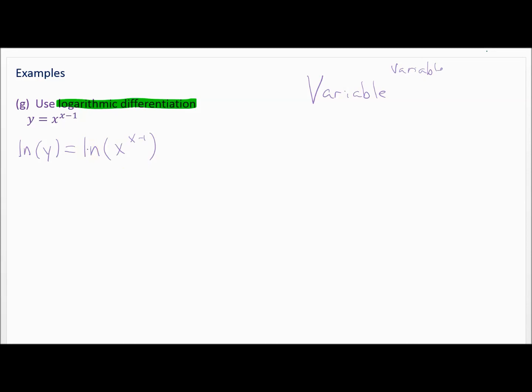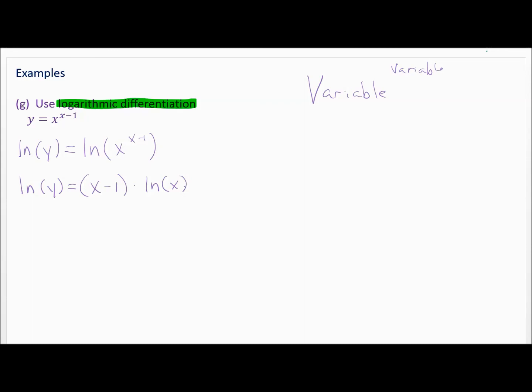Remember, we have one of those 3 rules when you expand or condense that says if you have an exponent, it can be moved in front of the logarithm. And the only time you can do that is when you have a logarithm. So, no derivative yet. Natural log of y is equal to parentheses x minus 1 times the natural log of x. Okay? So, we have simplified the logarithm of both sides.